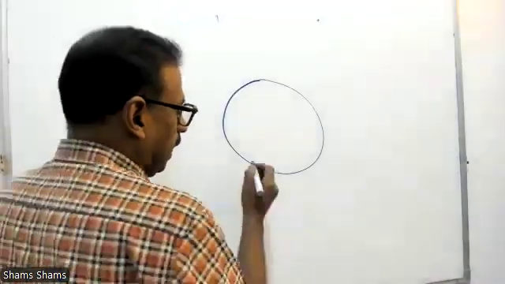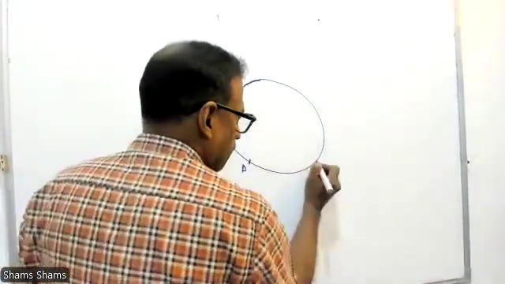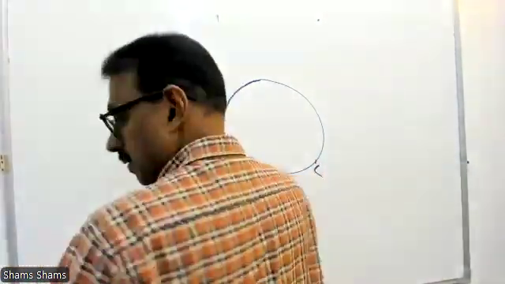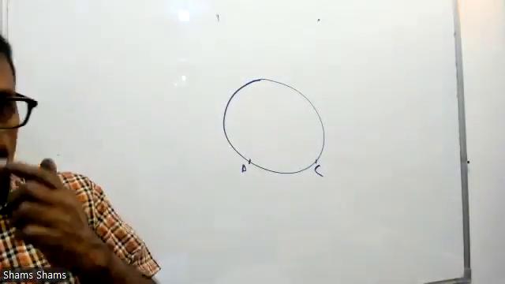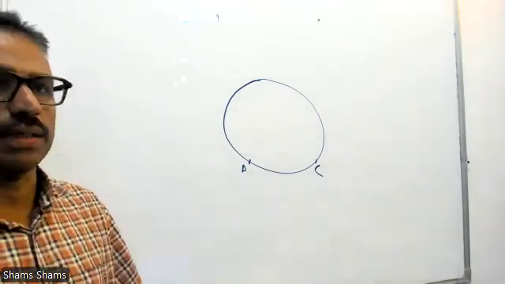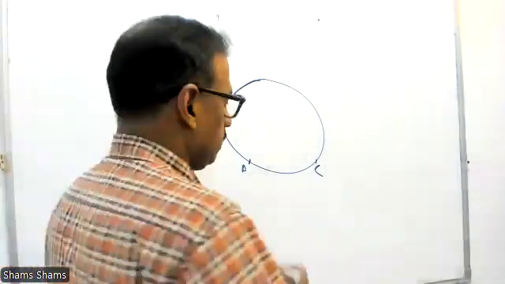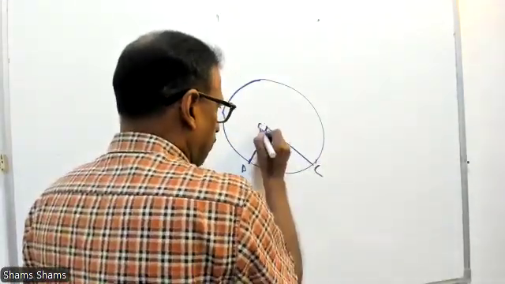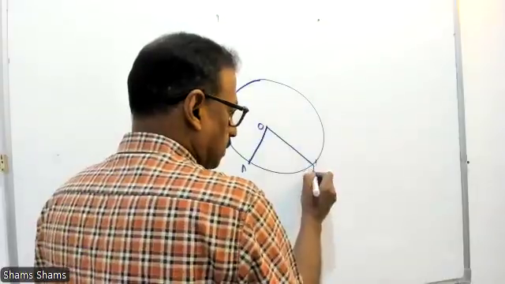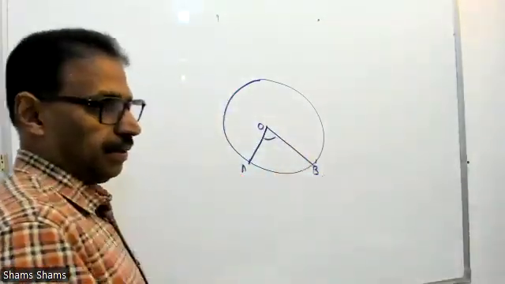Look. Suppose an arc here. Arc means what? Close the door. Arc means part of circle. Suppose the subtending angle is like this, AOB.